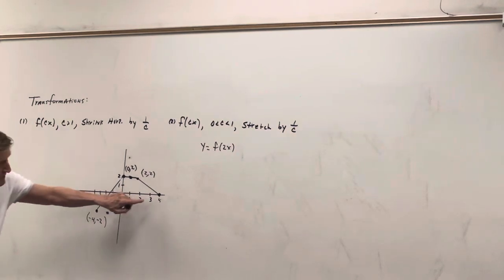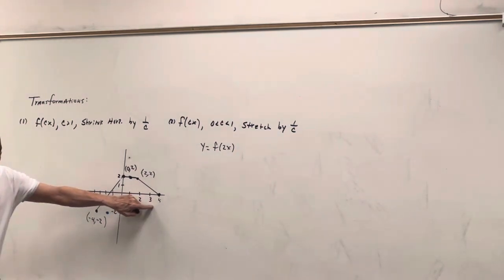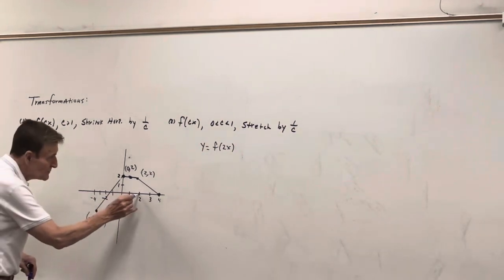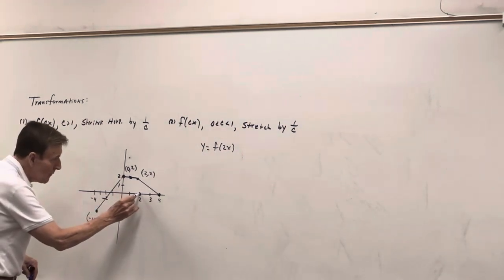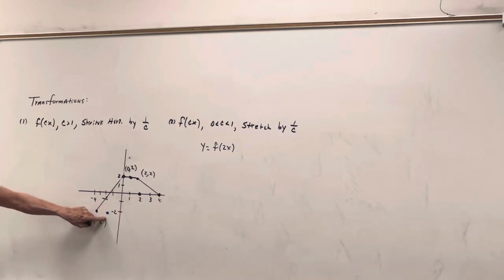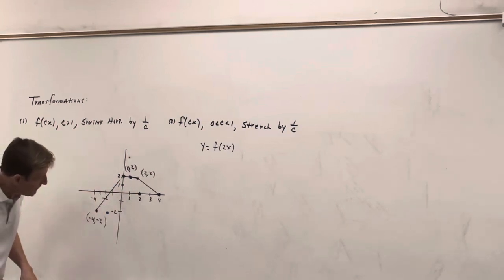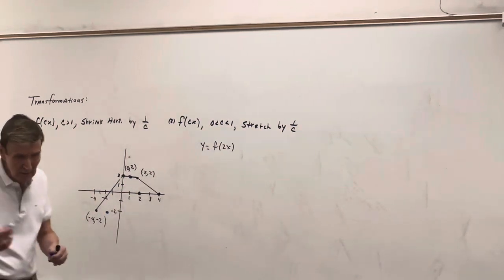And my last one is 4, 0. If I multiply that x coordinate, which is 4, by 1/2, I get 2, 0. So I'm here. So guys, I got a blue point here, blue point that overlapped here, another blue point here, and a blue point there. Might look black to you guys sitting back there.